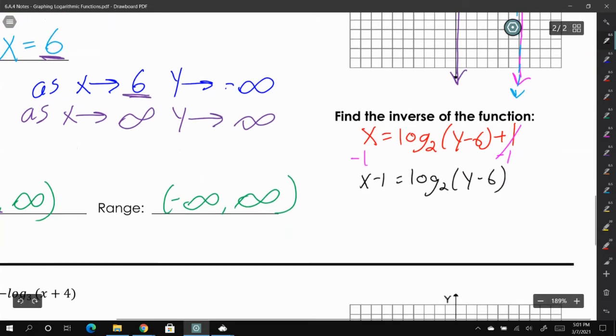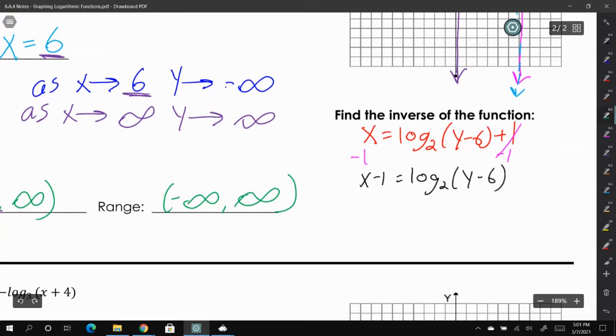Now I can go from log form to exponent form. 2 is our base, raised to the x minus 1 power, because the log and exponent are on opposite sides of our equation, equals what we have left over. Y is still not by itself, so we need to add 6 to both sides.